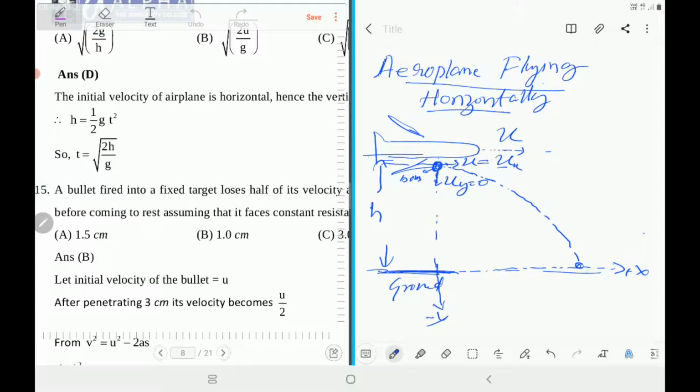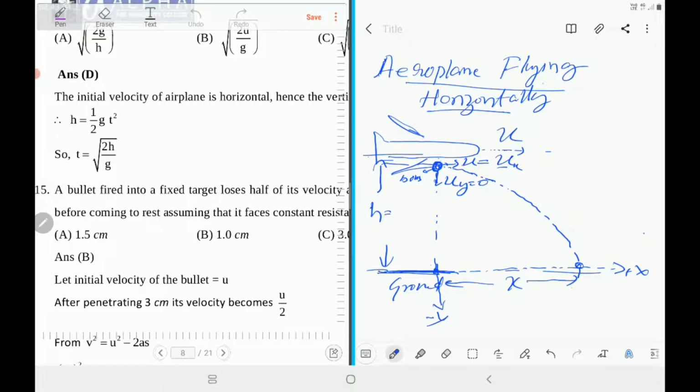Okay, it hit the ground at a distance, say x along the x-axis, from the position of dropping. It was dropped at this position. It hit the ground here. Meanwhile, it has fallen by a height h.